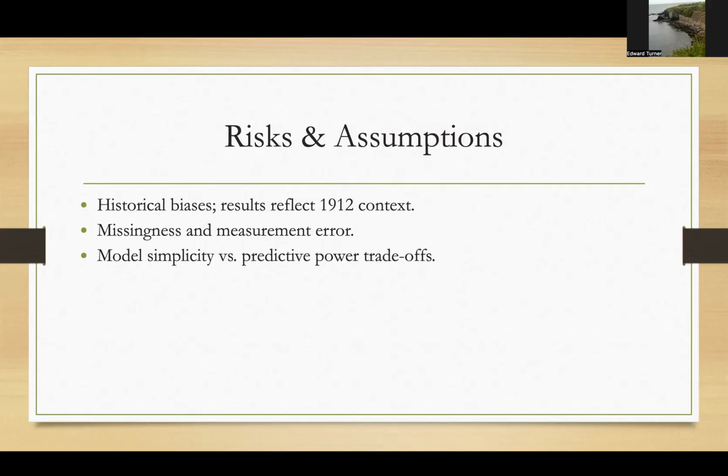Now, there are risks involved, as there are with everything. So you're going to have historical biases. You're going to have, again, missingness and measurement error. How we handle missing information is going to impact the model performance.